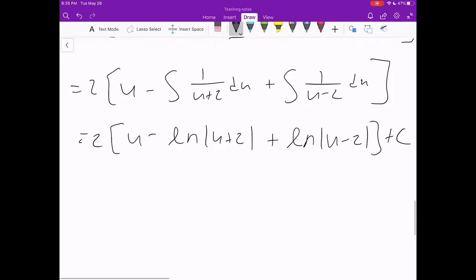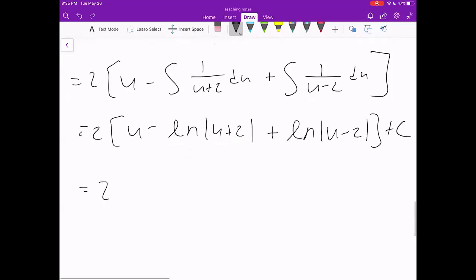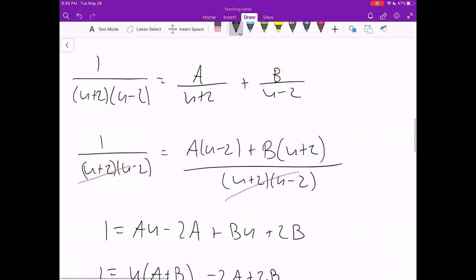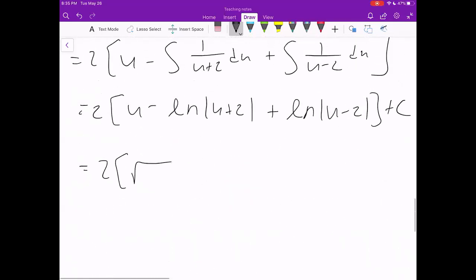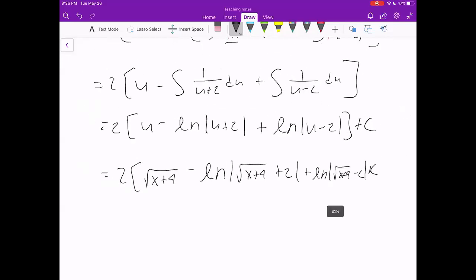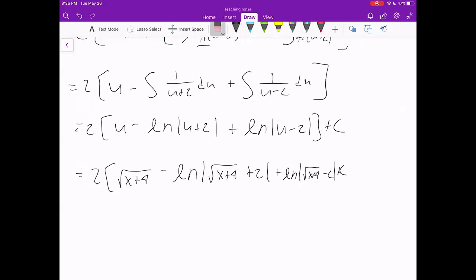Okay. So last thing to do is just put everything in terms of x now. u was the square root of x plus 4. So I'm just going to replace all my u's with the square root of x plus 4.